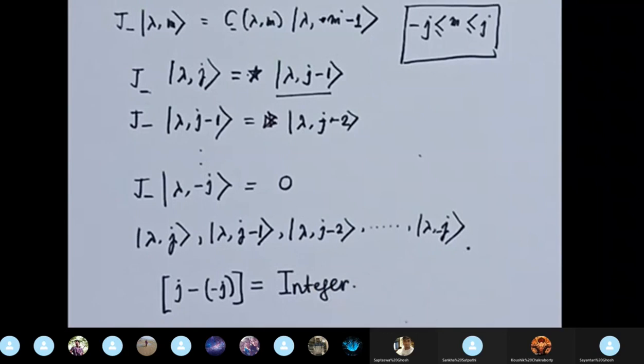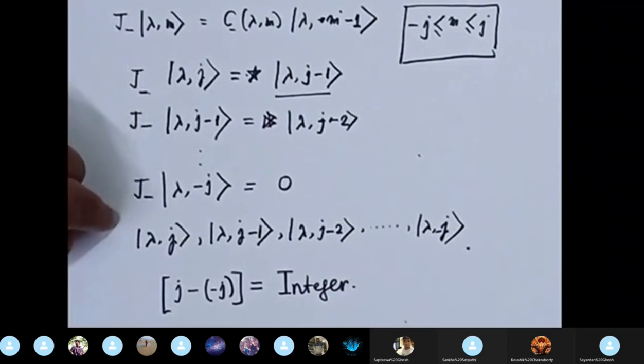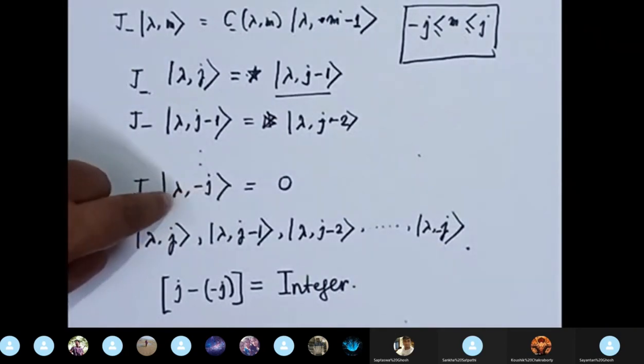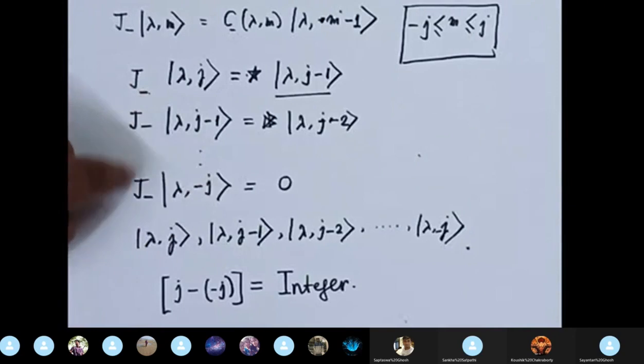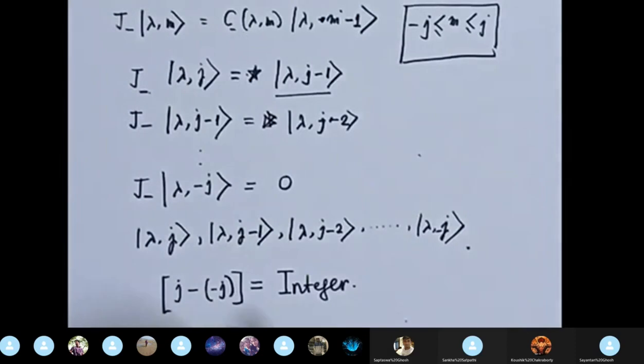This is the argument, because you apply it by operating J minus many times. After how many times you will end at lambda minus J, that many times is an integral number, so either 2 times or 4 times or 10 times like that. So J must be of such a value that it can reach minus J by an integral amount.